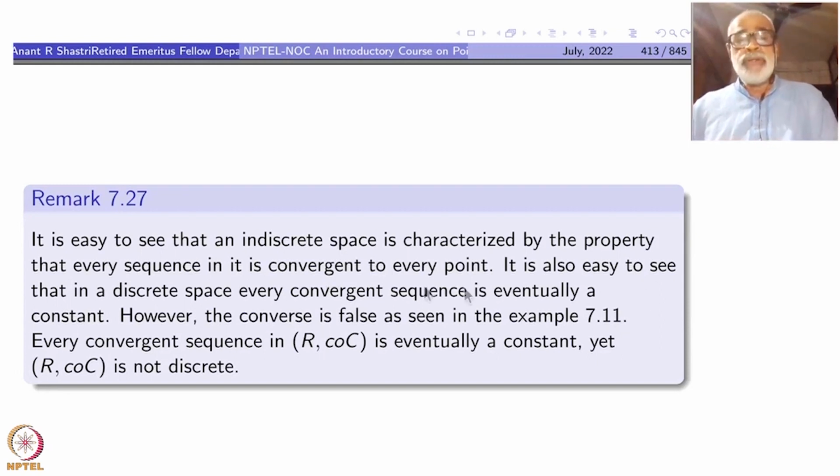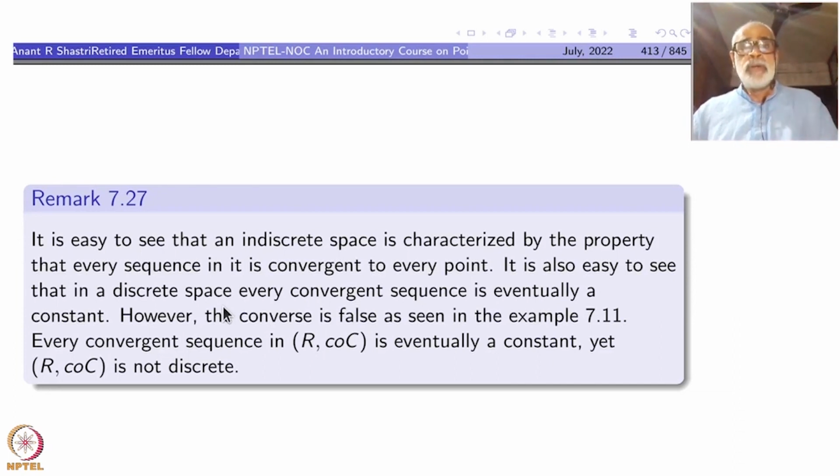It's also easy to see that in a discrete space, on the contrary, see, I am taking these two extreme examples and what sequences can do to them. If you take a discrete space, every convergent sequence is eventually constant, right?